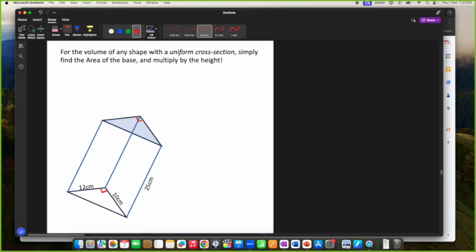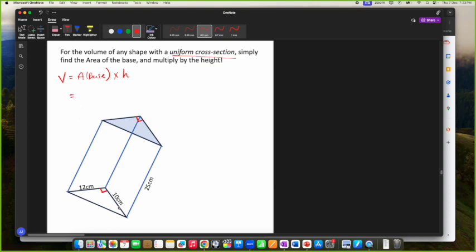All right. So when it comes to finding the volume of anything with a uniform cross-section, you can see that if I was to cut this at any point, I will still end up getting this triangle. So that means it has a uniform cross-section. So I just have to find the area of the base. So the volume is the area of the base multiplied by the height.